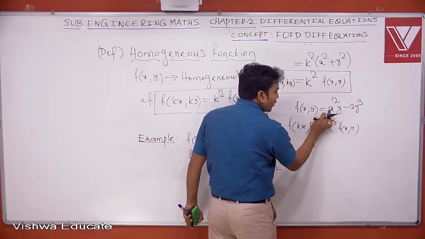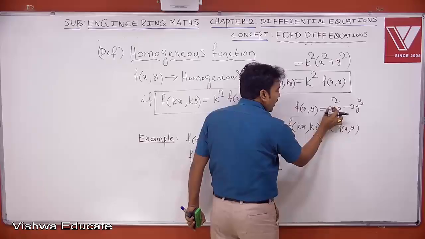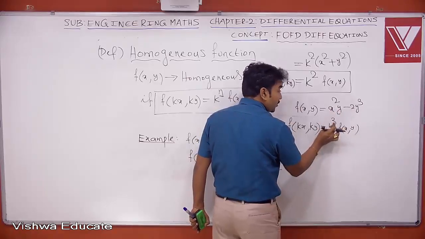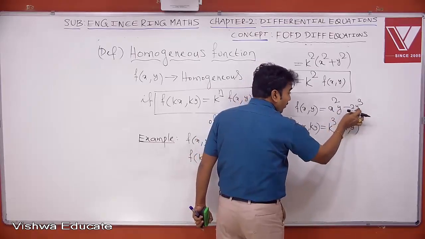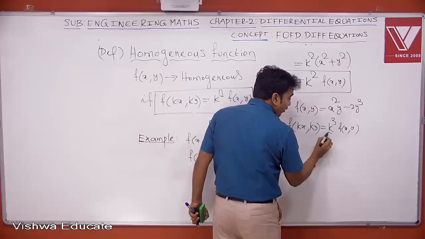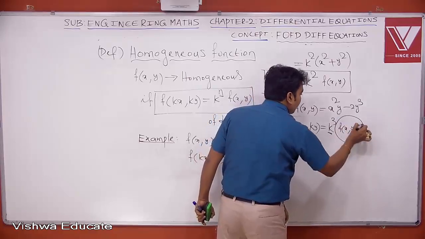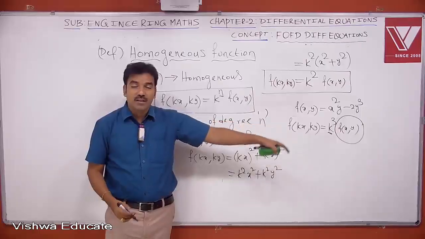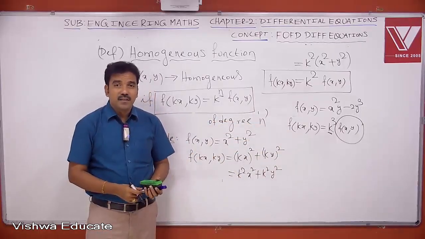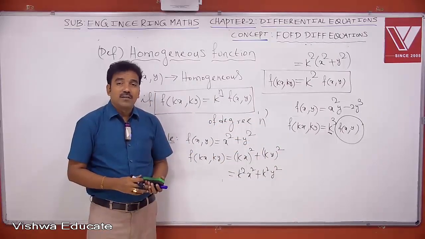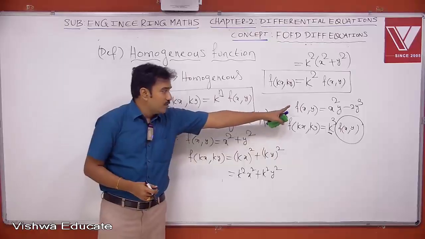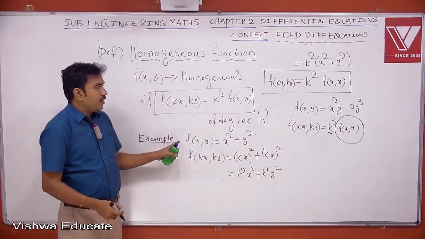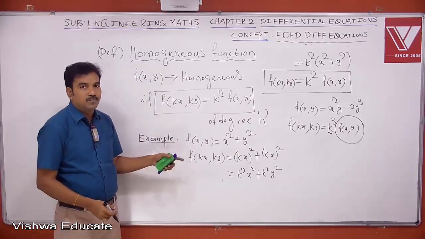K square x square into ky is k cube, and replacing y by ky, you take k cube common and get the original function f of x comma y. In this case, the powers of x and y are not the same, but still we got degree 3. Therefore, this is a homogeneous function of degree 3, and the earlier one is a homogeneous function of degree 2.